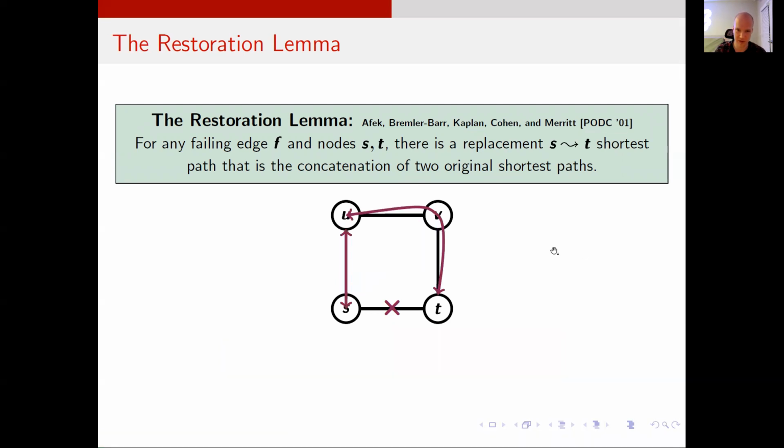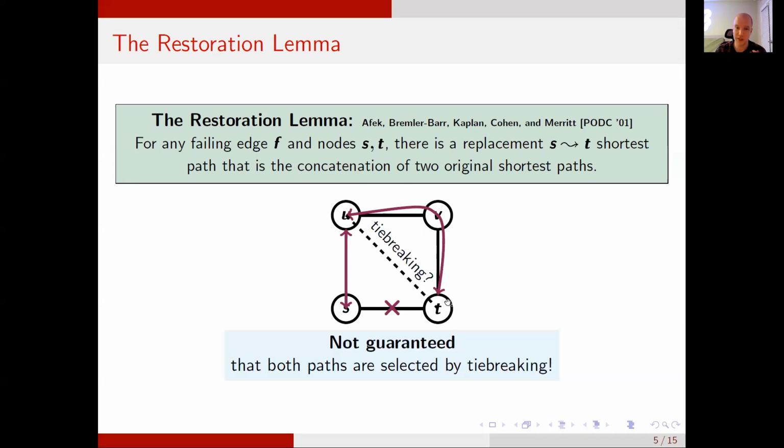Similarly, I should point out that there's another way that you could decompose this particular path. You could do the edge S-U and then the triple U-V-T. This, of course, runs into exactly the same problem. There are 2 equally short U-T paths, and you're at the mercy of the tiebreaking, whether or not it actually selected U-V-T. So there's this tiebreaking issue, based on how the tiebreaking goes in the original computation of the routing table. This could cause a problem in trying to apply the restoration lemma.